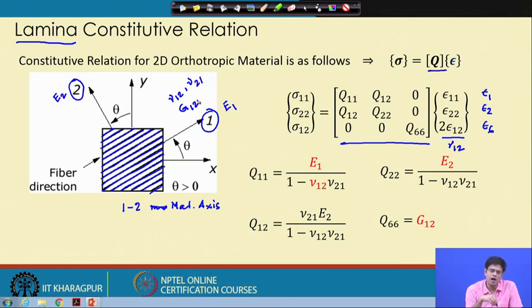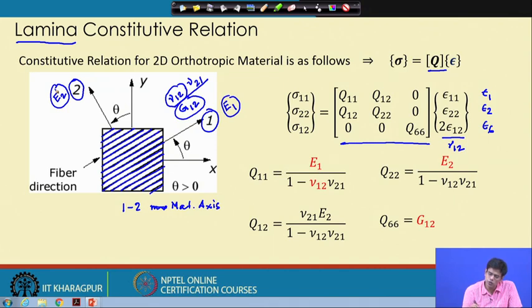Among them, nu 1 2 and nu 2 1 are not independent, because we know the reciprocal relations, which can also be proved from Betti's reciprocal theorem. So finally the independent constants will be E1, E2, one of the Poisson's ratios, say nu 1 2, and G1 2. These four are my independent constants, which is consistent with the 2D orthotropic material.